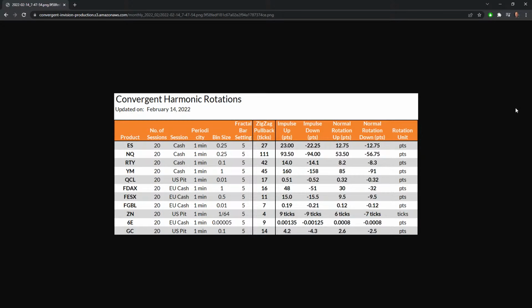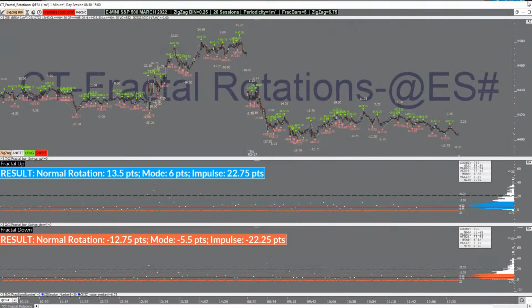So anything inside of 12.75 points, from low to high or high to low, is normal in the S&P right now. That is a significant amount of volatility for a 1 minute bar chart from swing high to swing low. Remember, we're talking swing high to swing low.